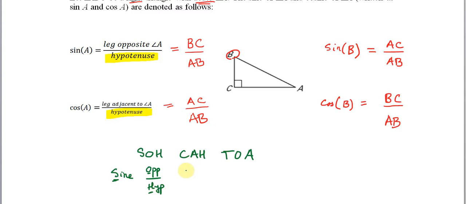The second part, CAH, is saying the cosine is equal to the adjacent over the hypotenuse. And finally, TOA, we're saying tangent is equal to the opposite leg divided by the adjacent leg. So the phrase SOHCAHTOA is very helpful for us to remember which trig ratios to use in which circumstances. Now, let's look at the next video and work through some examples.